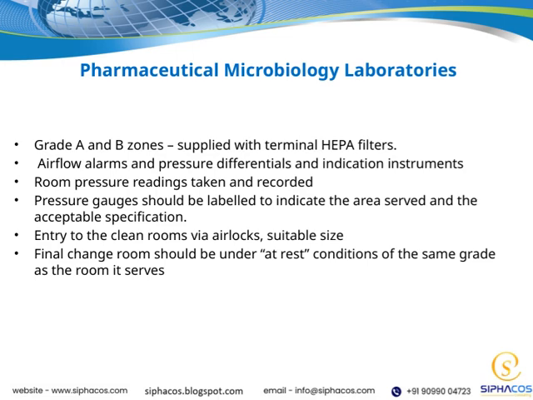Clear labeling helps prevent confusion and ensures quick responses when adjustments are needed. Entry to these clean rooms is controlled via airlocks of suitable size. This design minimizes contamination by controlling airflow and restricting unnecessary access, which is especially important in pharmaceutical microbiology.